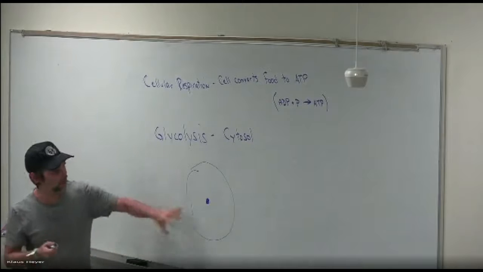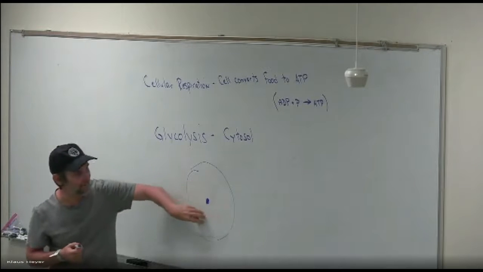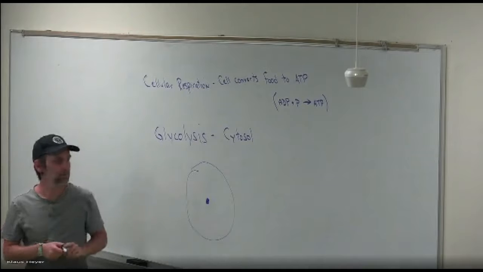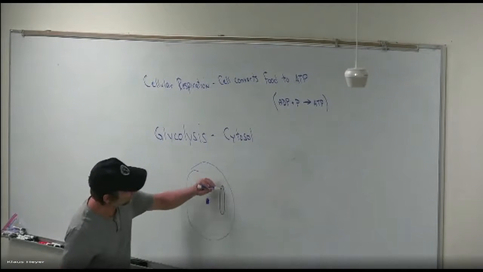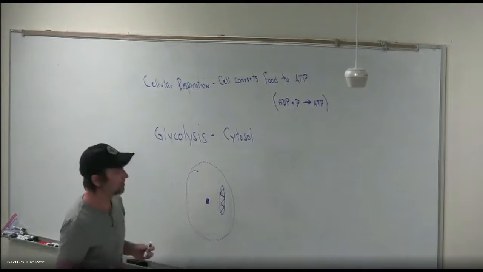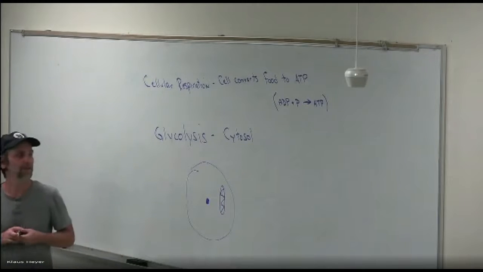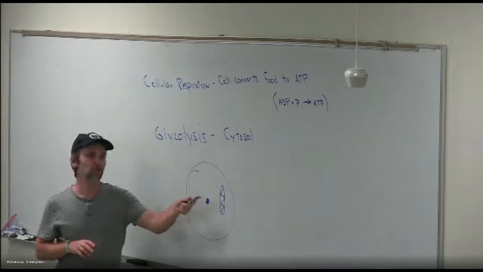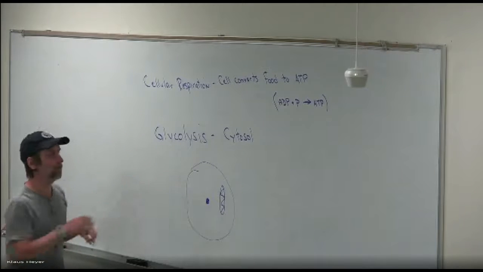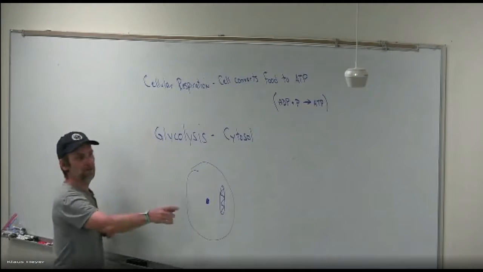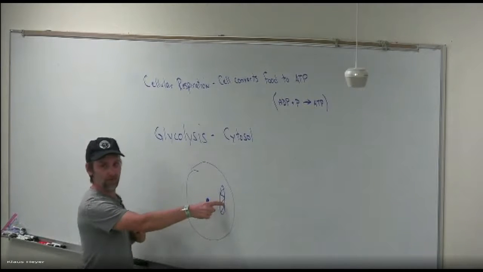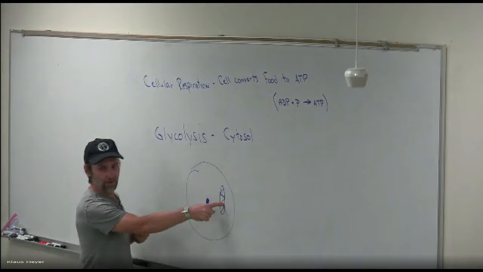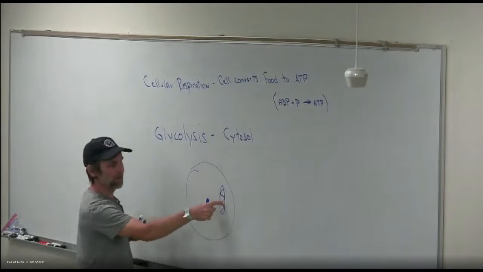So by cytosol, I mean somewhere in this fluid. There are other organelles we're particularly concerned with called mitochondria. That's where the other two phases are going to happen. The first one, glycolysis, just happens out here. The other two, Krebs cycle and electron transport chain, happen in the mitochondria.